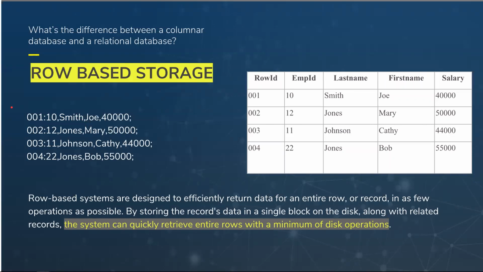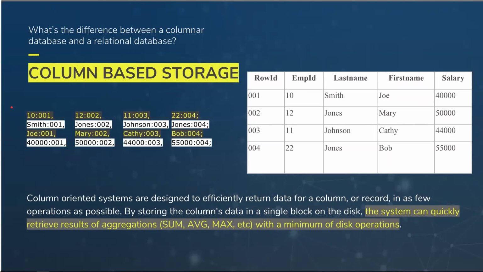Row-based systems are designed to efficiently return data for an entire row or record in as few operations as possible. By storing the record's data in a single block on the disk, along with related records, the system can quickly retrieve entire rows with a minimum of disk operations. In column-oriented storage, we got a different scenario.